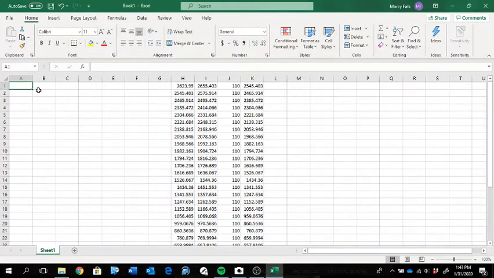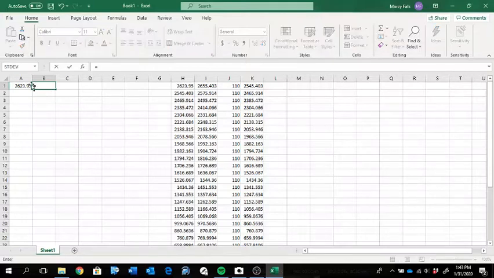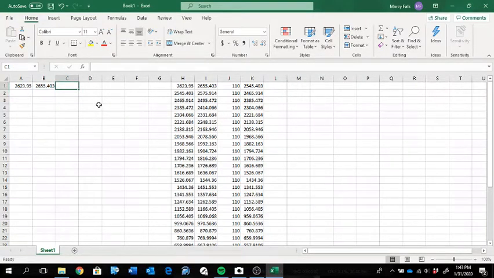So let's put this on a spreadsheet. I have it already done, but I will start from scratch. 2623.95. Now I'm going to go equals, click on the cell, times 1 plus 0.145 divided by 365, to the exponent 30. Then I'm going to do 110 just to say we made a payment.